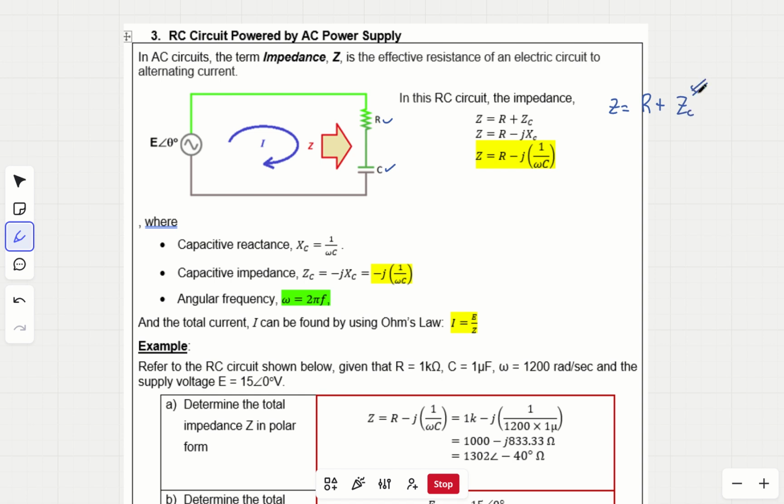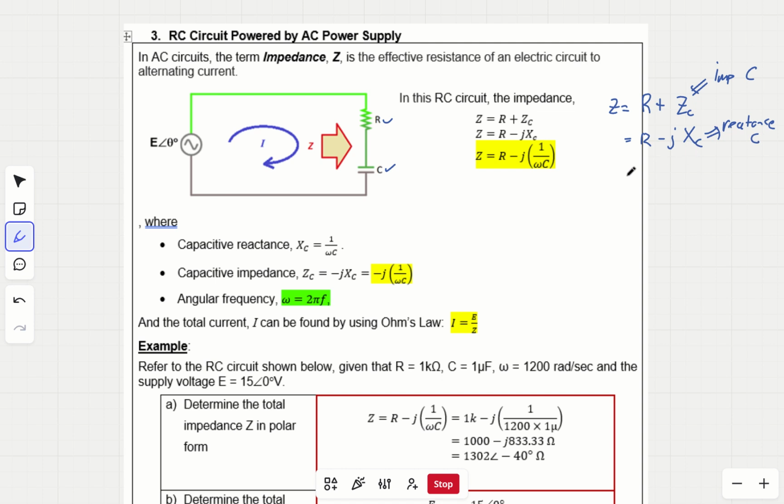This is the impedance of the capacitor. The impedance of the capacitor is equal to negative j times XC. XC is called the reactance of the capacitor.